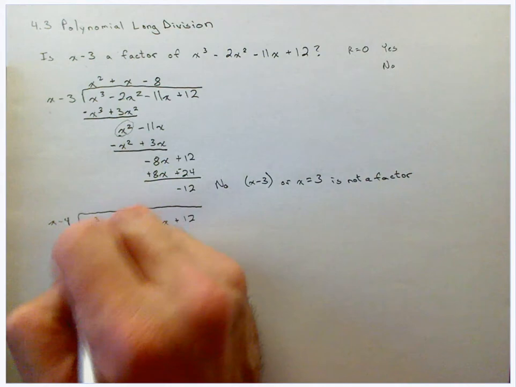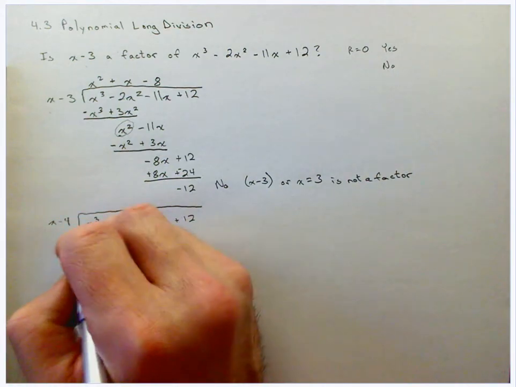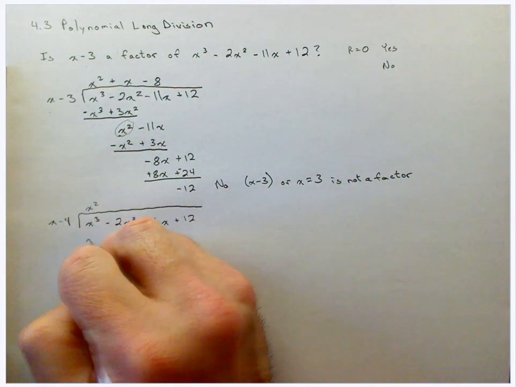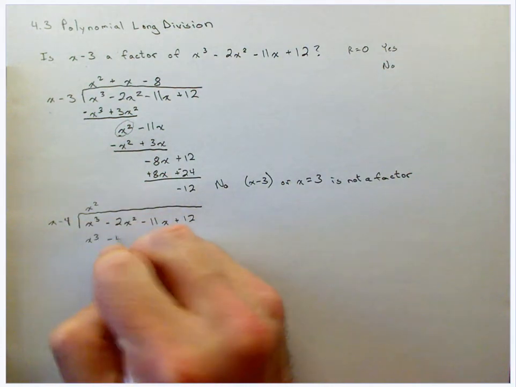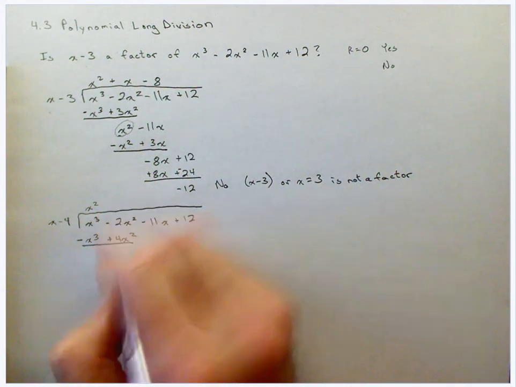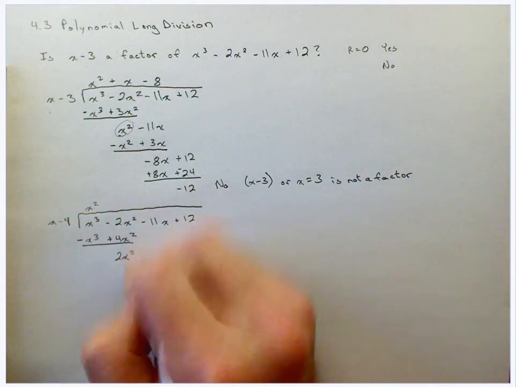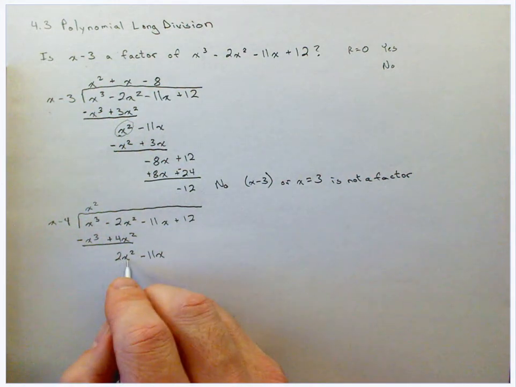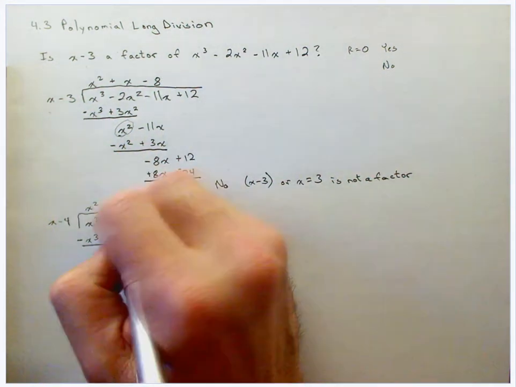So, what times x will give me x cubed? X squared. Gives me x cubed minus 4x squared. So minus and plus. 2x squared, drop my 11. What times x will give me 2x squared?